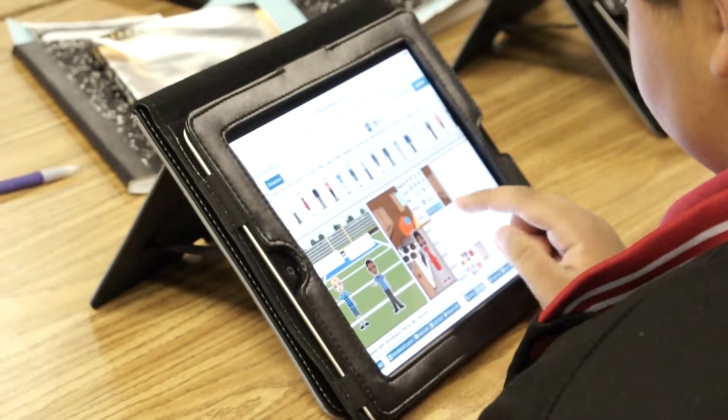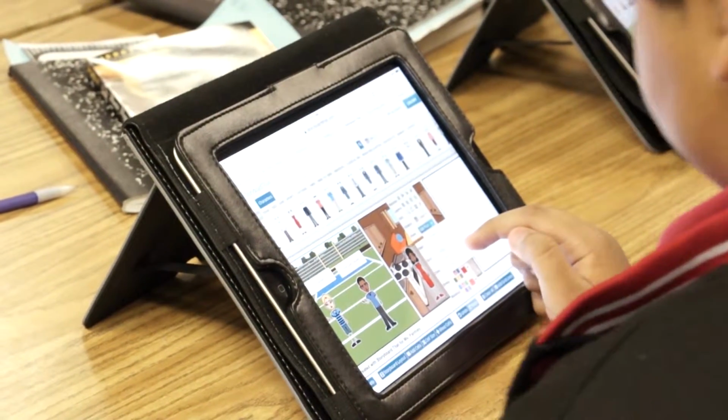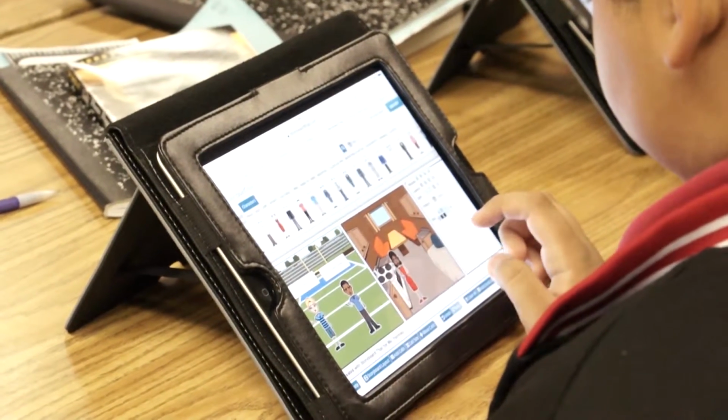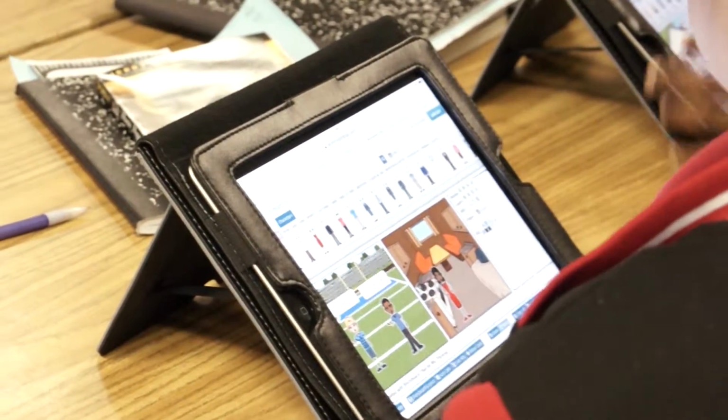The 4th group is on Thinglink, and that is a tool on the web for them to create digital interactive images, and it's also based on the book that we're reading, and they have 5 different areas that they need to respond to.